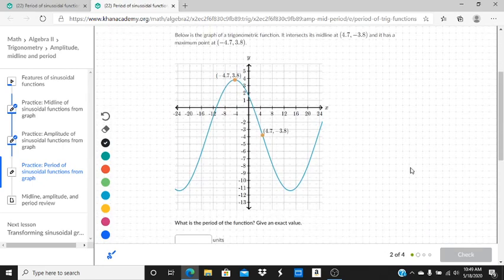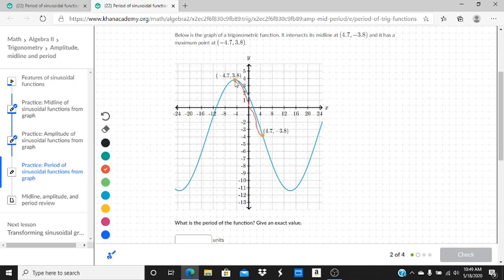Okay, so we've got another trig function graph, and this time we've got from the maximum to the midline. So we're going down here.